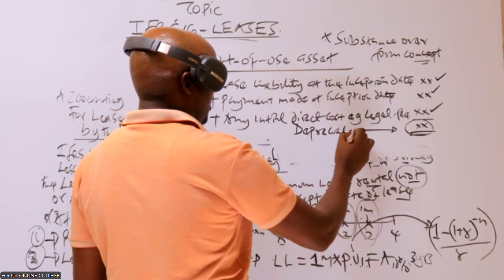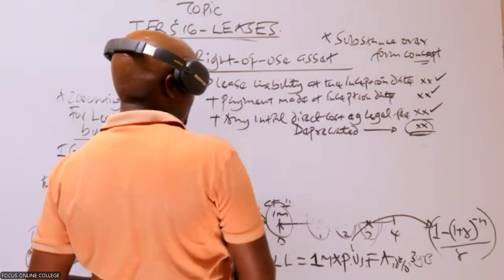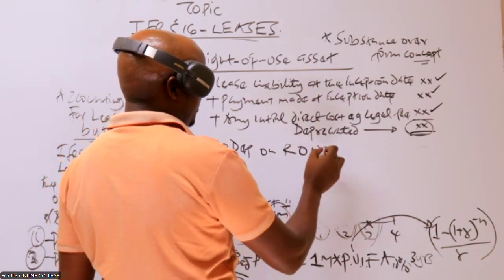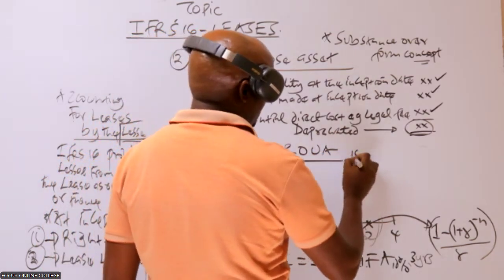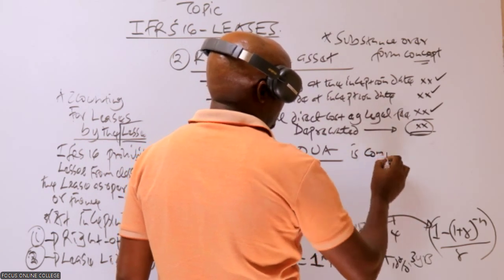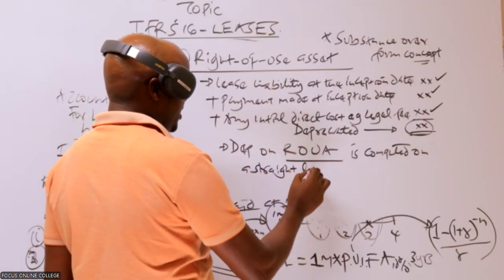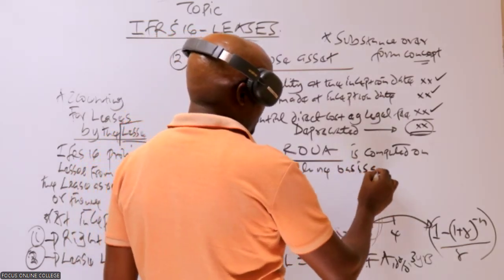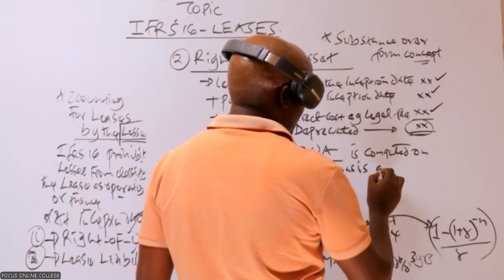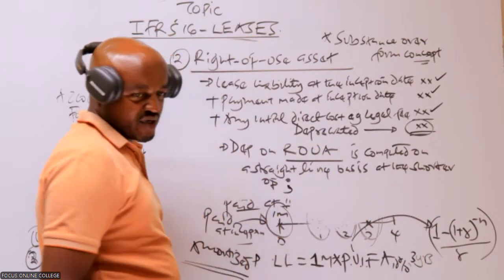This right of use asset is depreciated, and this depreciation is computed on a straight-line basis, at the shorter of two periods. I'll be able to explain further what I mean by that.